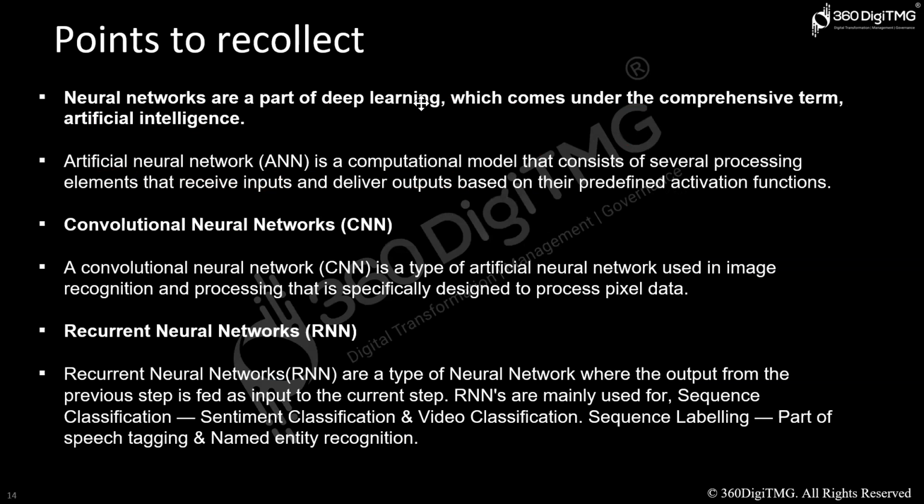Neural networks are a part of deep learning, which comes under the comprehensive term artificial intelligence. So an ANN is a computational model that mainly consists of several processing elements that receive inputs and deliver outputs based on their predefined activation functions.